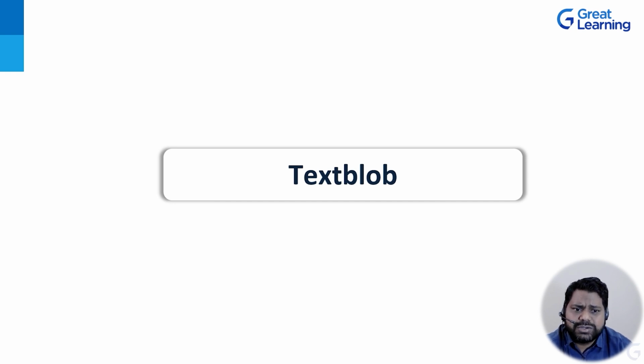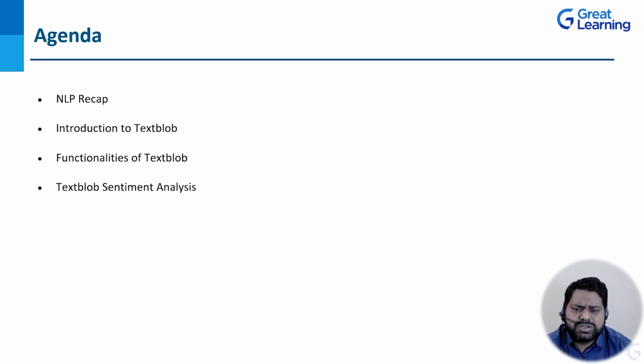Today in this course, we are going to discuss one of the libraries known as TextBlob, which is used to do all the preprocessing and various other things and make natural language processing easy for us. First we will cover what is NLP. Then we will see some of the concepts of NLP and do a recap of natural language processing.